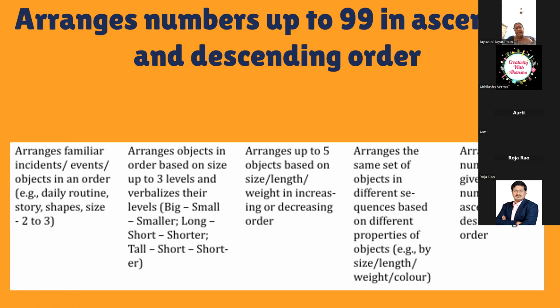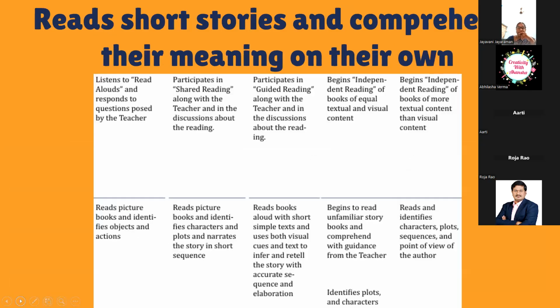The next one will be the illustrative outcomes of the domain of language and literacy development. So the next slide. So here the children develop fluency in reading and writing in language one. The children are able to read short stories and their meaning by identifying the characters, the storyline, and what the author wants to say, in their own language. For example, the children listen to how the teacher speaks aloud.